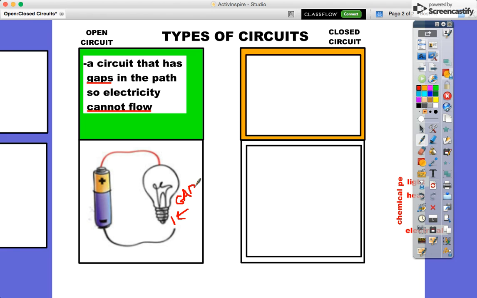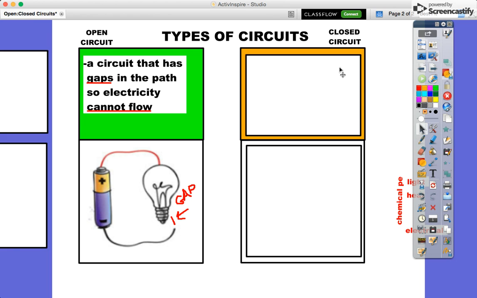So because there is a gap, this wire is not attached to the light bulb. So even though this wire is attached to the light bulb and back around to the battery, the electricity cannot flow because there's a gap. So the light bulb is not glowing. This is an open circuit.